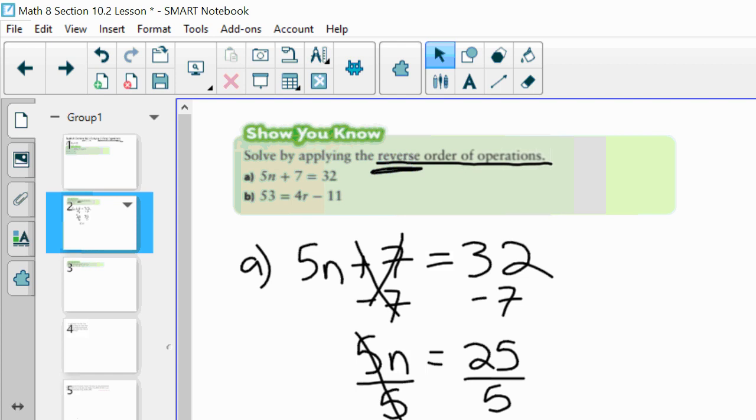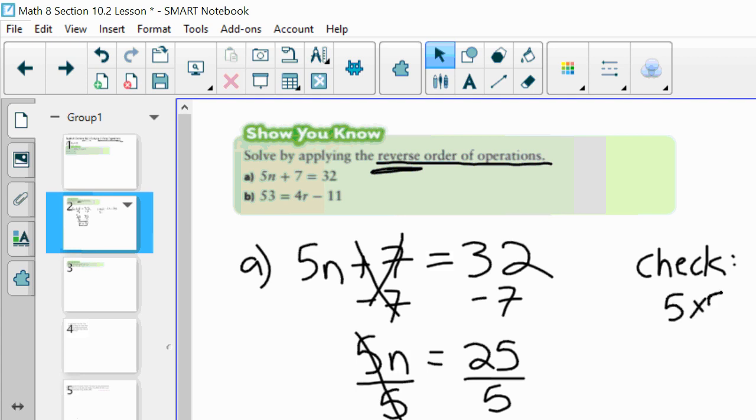Okay, just to explain, what would happen if I got n is equal to 6? Well, if I got n equals 6, because I made a little mistake, and then I put that into my check, I would say 5 times 6 plus 7 is equal to 32. And then I say 5 times 6 is 30, plus 7 equals 37, and then 37 is equal to 32. Well, 37 is not equal to 32. So, as before, when I say 32 equals 32, you're like, well, that's sort of dumb.